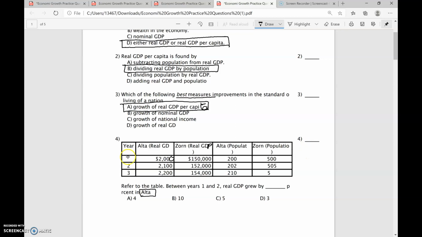So in year 1, the real GDP in Alta was 2000. In year 2, the real GDP in Alta is 2100.